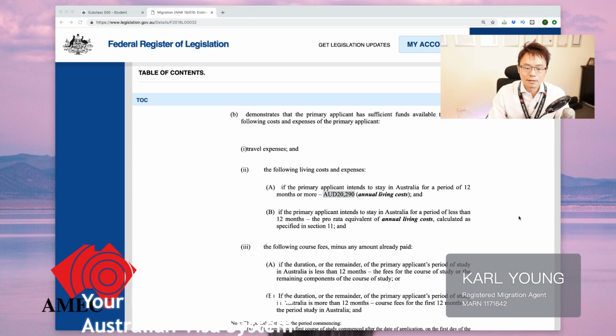If you don't have that, it's more than likely they will refuse your visa. Okay, it doesn't have to be your bank. It can be your parents or relatives, as long as they have written additional statements that they are happy to support you. But obviously there's more technical stuff involved.